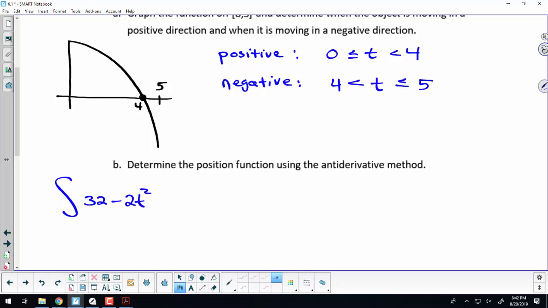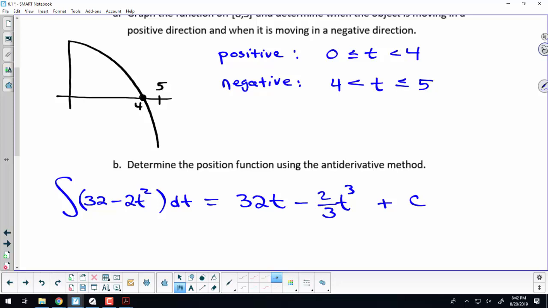Antiderivative of velocity with respect to time gives us what? 32t minus 2/3 t cubed plus c, right? We're just computing a straight antiderivative, so we need to be mindful of this constant of integration.